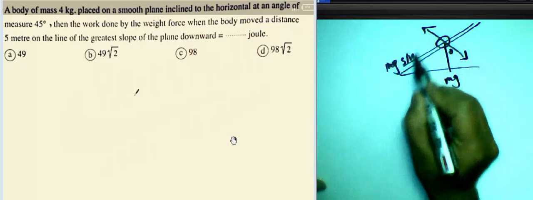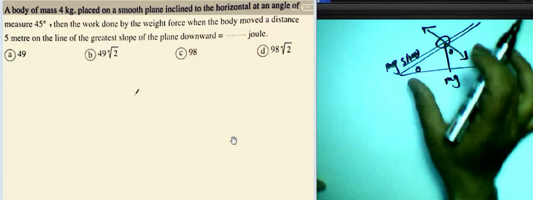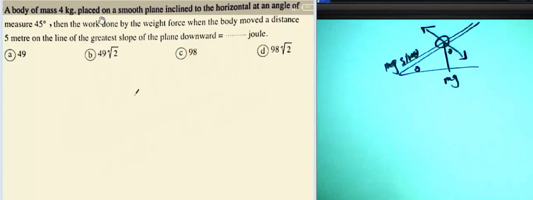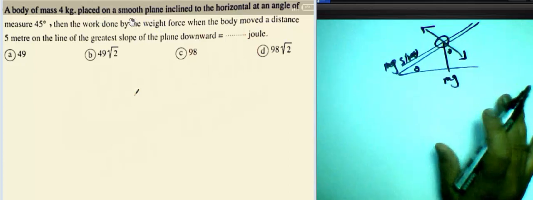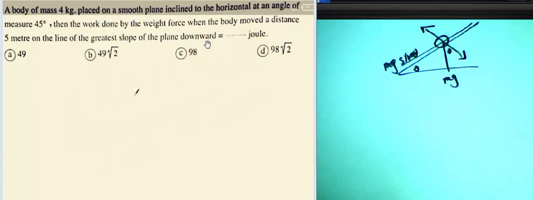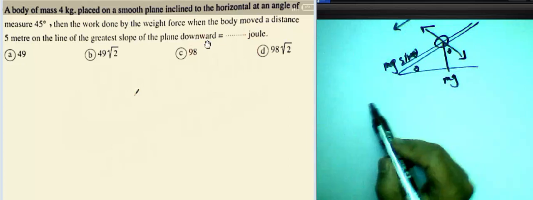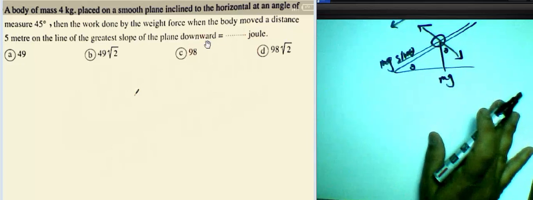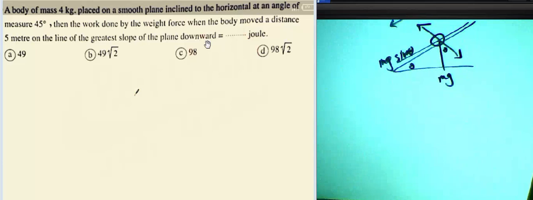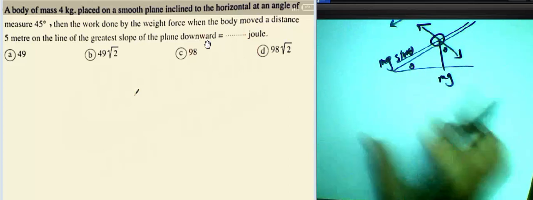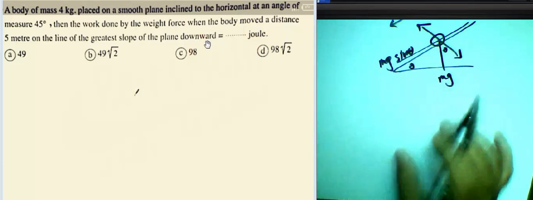The displacement is along the smooth plane, we don't have any resistance in this example, and the direction will be downward, and the displacement gives us 5 meters.